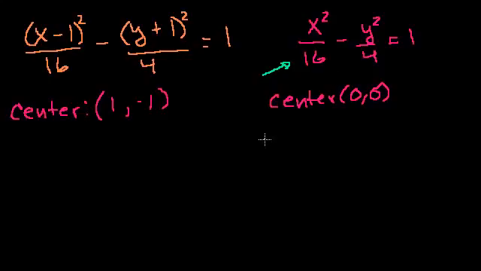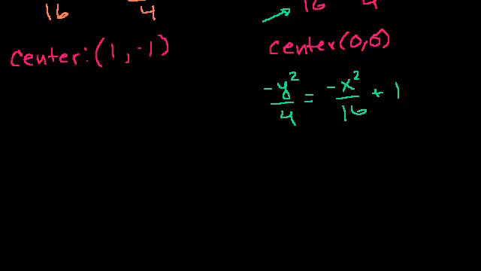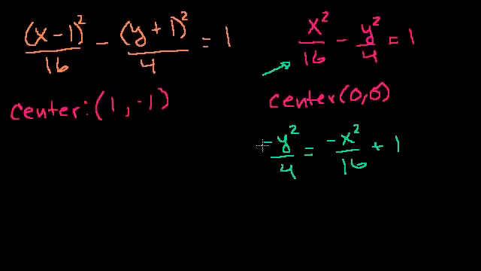So we get, minus y squared over 4, subtracting x squared over 16 from both sides, minus x squared over 16 plus 1. I'm working on this hyperbola right here, not this one. And then I'm just going to shift it later.